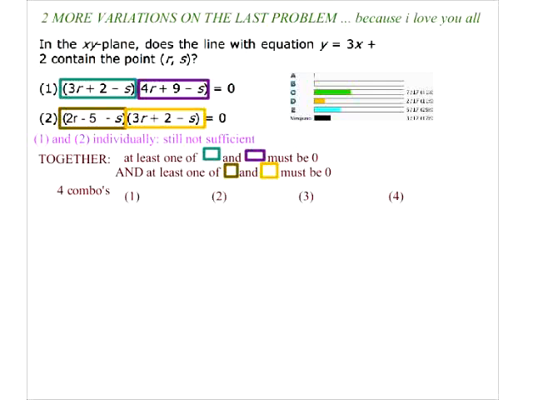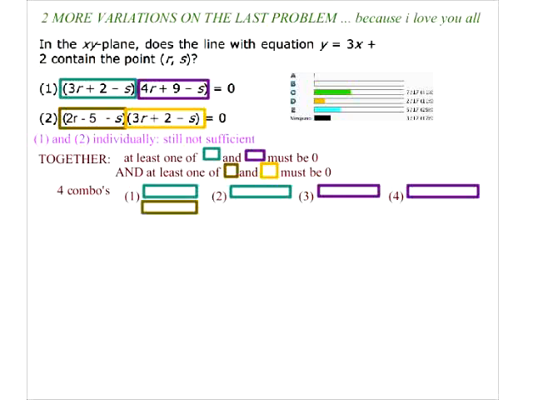The first way those could be 0 is if the blue box and the gold box are 0. The second is if the blue box and the yellow box are 0. The third is if the purple box and the gold box are 0. And the fourth is if the purple box and the yellow box are 0.